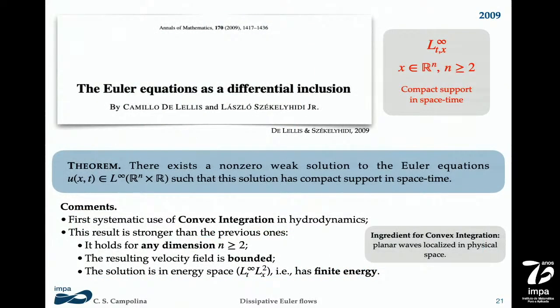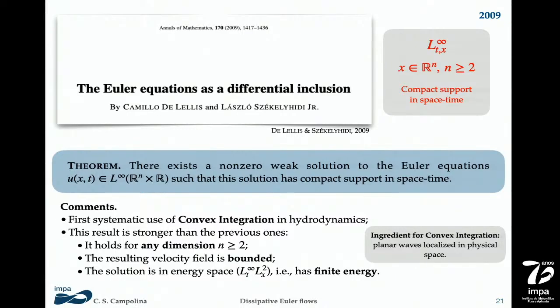So let us continue with the solutions. Then the papers. In 2009, we have this groundbreaking paper by Camillo De Lellis and Laszlo Szekelyhidi. They construct a solution in L infinity, in both space and time, t and x.